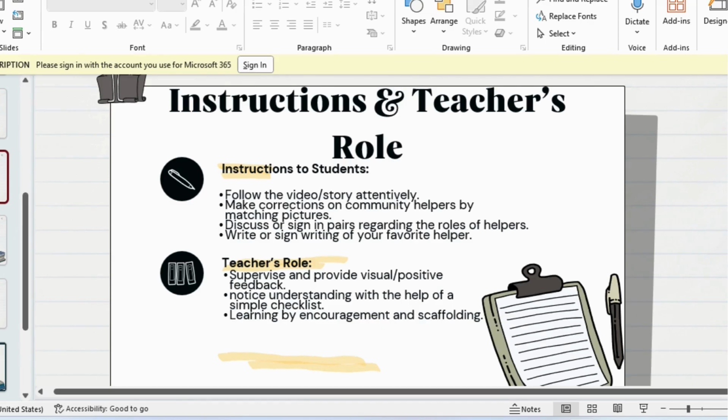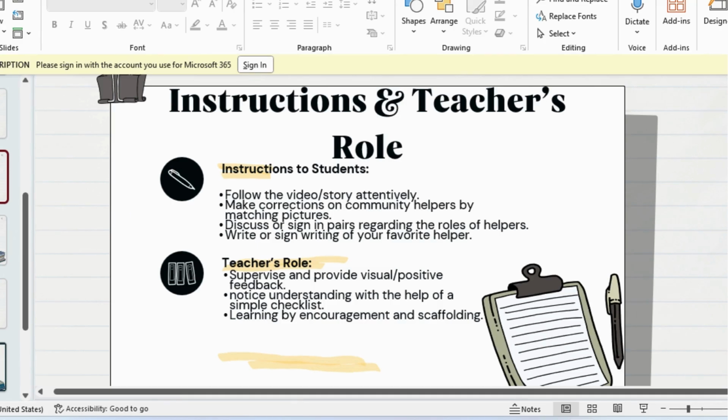This slide explains how the assessment will actually be carried out in the classroom. For the students, the instructions are simple and clear, so that everyone, including deaf learners, can follow along easily. First, students will watch the short video or listen to the story about community helpers carefully.